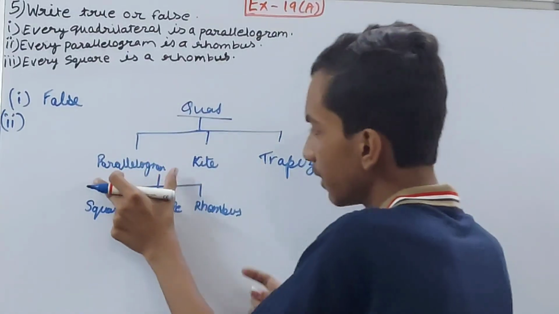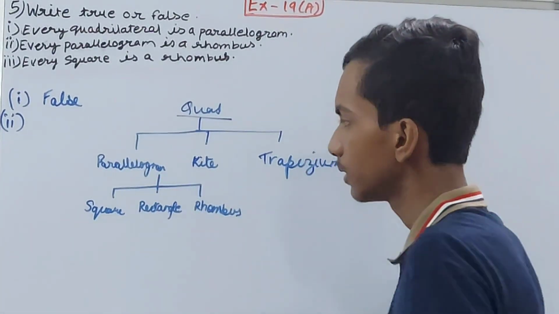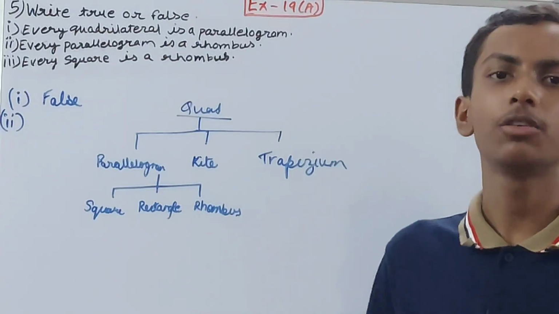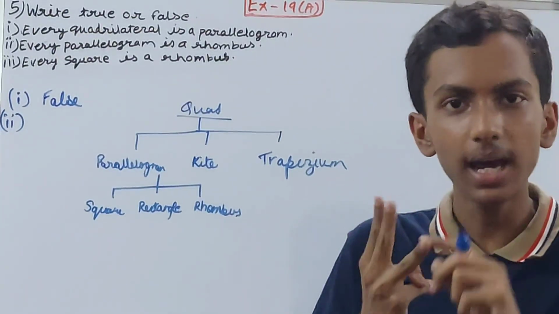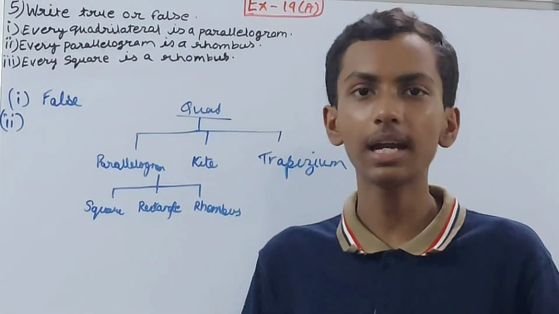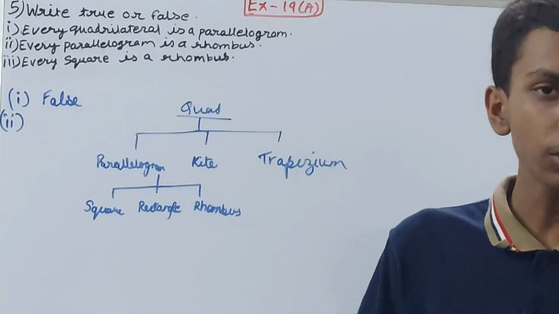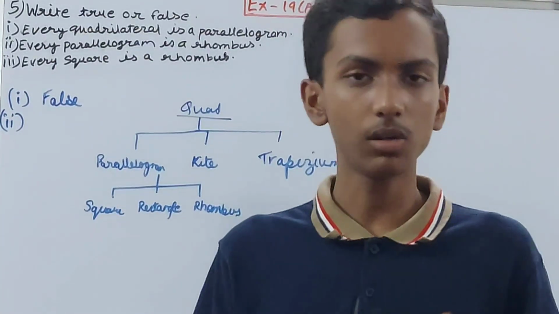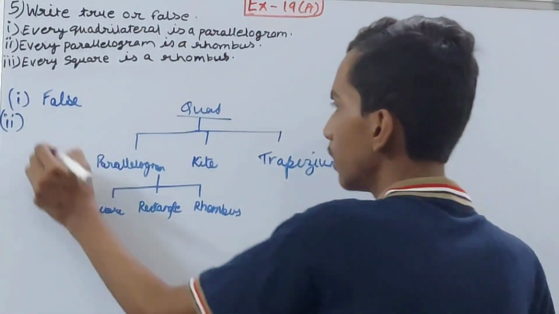Not possible, because even in parallelogram you have three types: square, rectangle, and rhombus. So it need not be necessary that every parallelogram is a rhombus only. A parallelogram can be a square also, a rectangle also. That's why this statement is false.